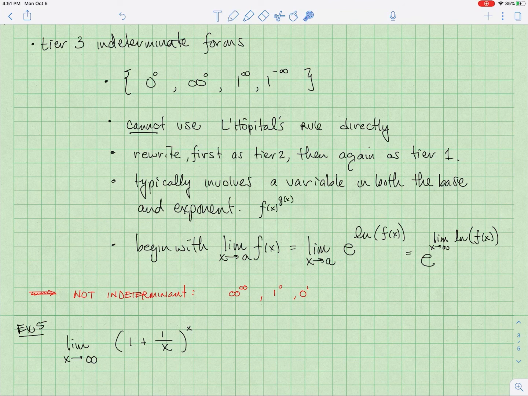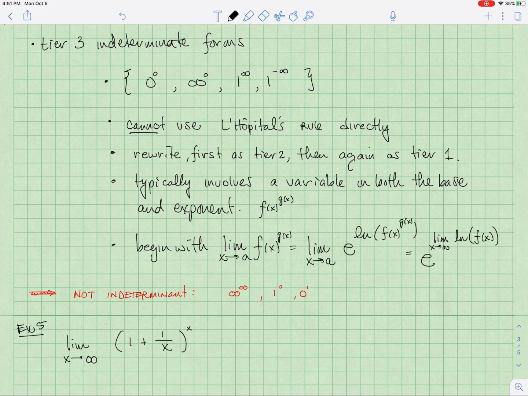And the standard technique to deal with this is, maybe I should put that power in there. You're going to have the limit as x approaches a of f of x raised to some g of x power. And what you're going to do, let me erase this and fix these notes on the fly.